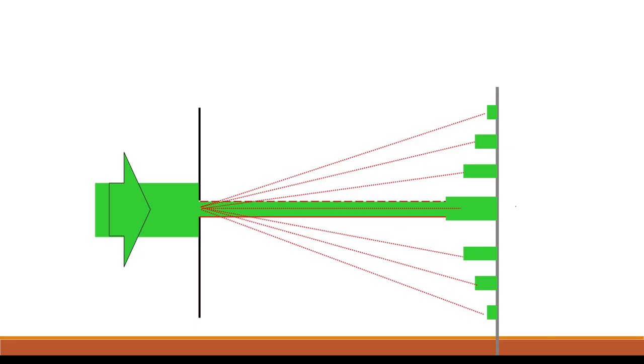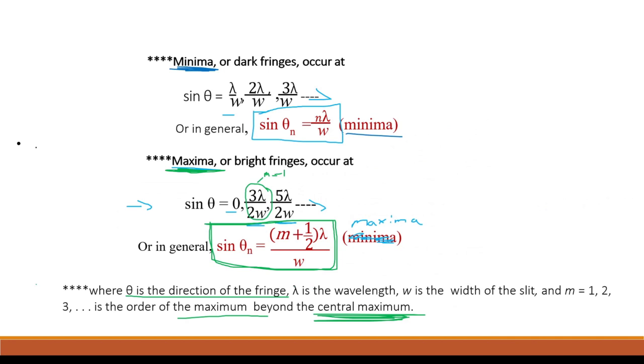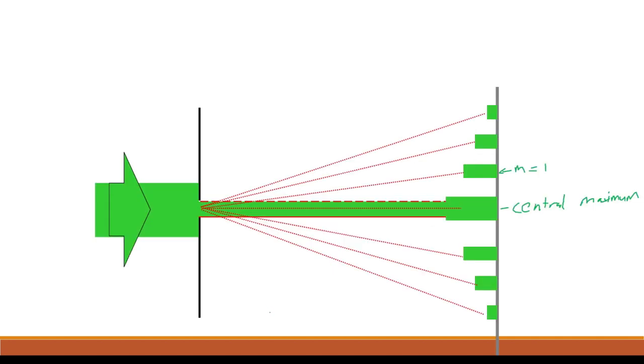So here we can just outlay what it looks like. Again, here's our central maximum, the brightest one. Right here. Here is m equals 1, our first order maximum beyond the central maximum. M equals 2, m equals 3, and on. And this is the same, m equals 1, just in the other direction.